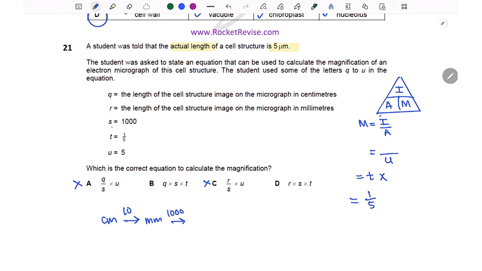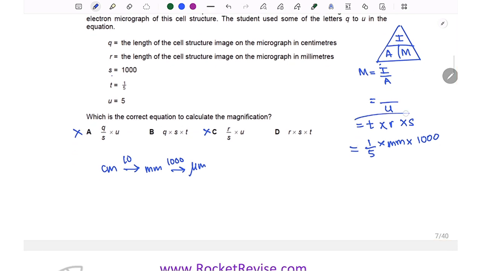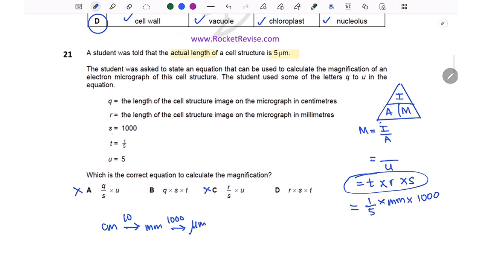We don't have that, we just have 1,000. So it's easier to convert from the millimeter into micrometer by times it by 1,000. So that is 1,000 is our S. I'm going to take our R and times it by S. R is the one in millimeter, and then you times it by 1,000 to get it into micrometer. So T times R times S is our answer. That is going to be D.